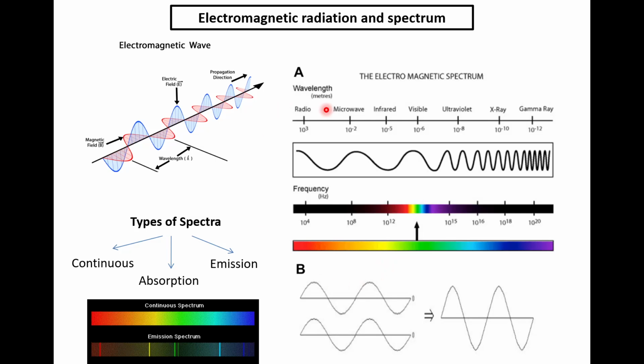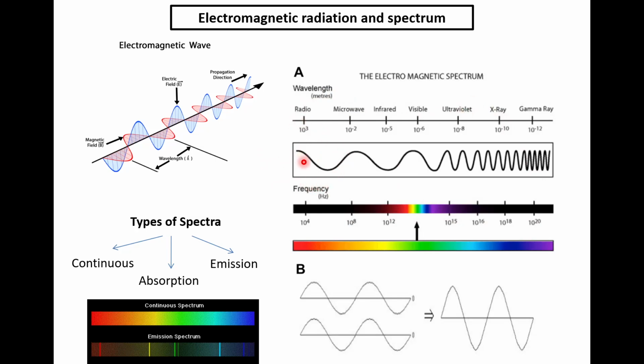When you move from radio to gamma rays, the wavelength decreases, whereas the energy increases. As we discussed last class, energy and wavelength are inversely proportional, and also the frequency increases as we go from radio to gamma rays, but the wavelength decreases. So this is the electromagnetic spectrum.